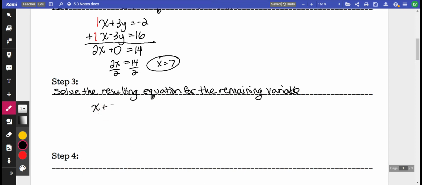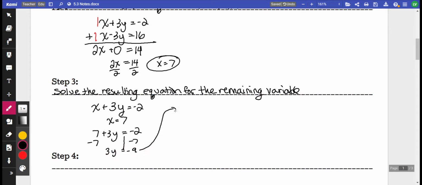I'll do the first equation, x plus 3y equals -2, and substitute x equals 7 in. So 7 plus 3y equals -2. Can't combine anything on the left side, so I'm going to extend my equal sign and subtract 7 from both sides. 3y equals -9. Dividing both sides by 3, I get y equals -3.